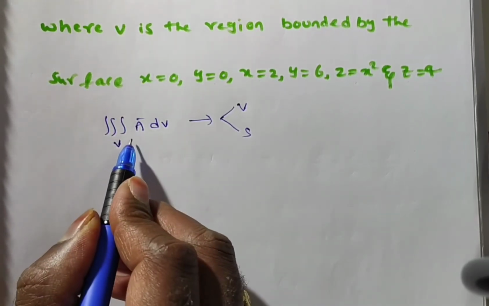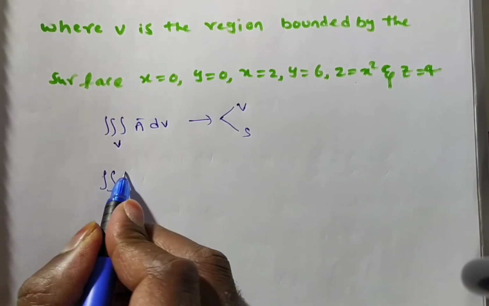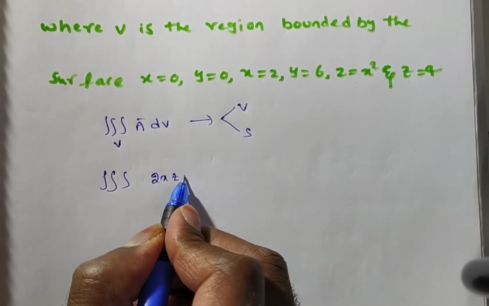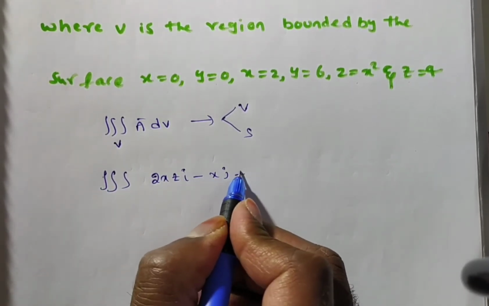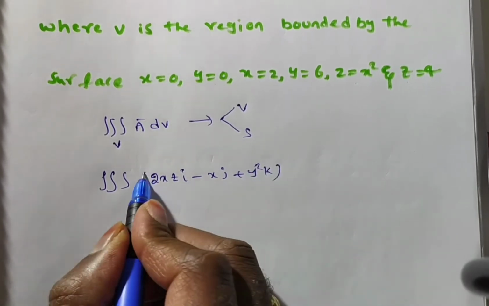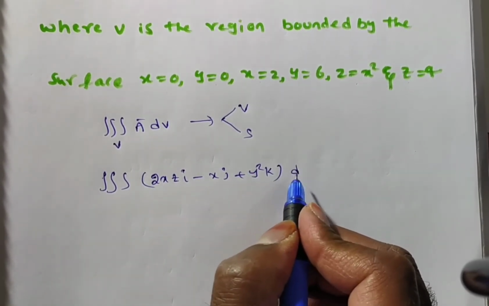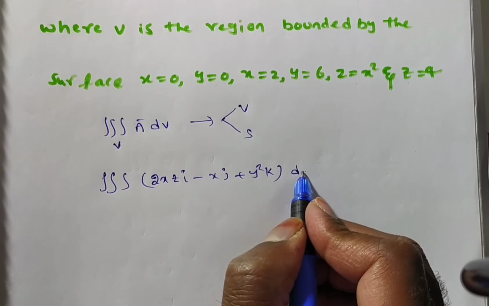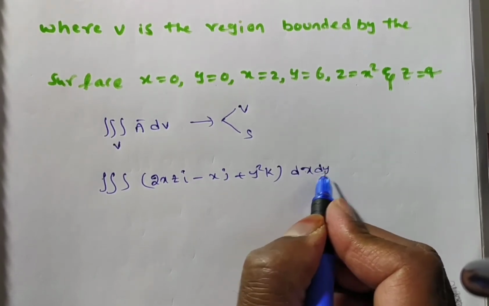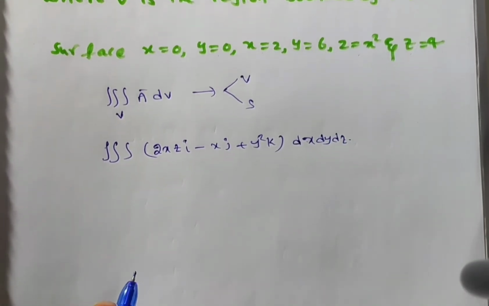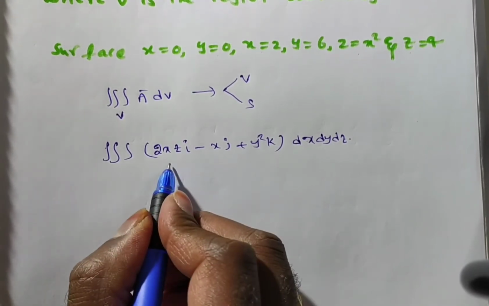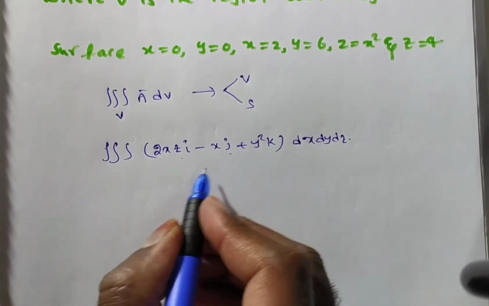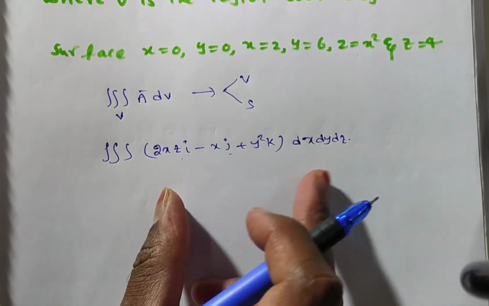Now anyway, we have to evaluate this one. So the triple integral of A is nothing but 2xz i minus x j plus y square k into dV. dV is nothing but, since we are working in coordinate planes, dx dy dz. So you require the limits for this. Friends, you see here i, j, k, so this is a vector, so you can separate three terms.